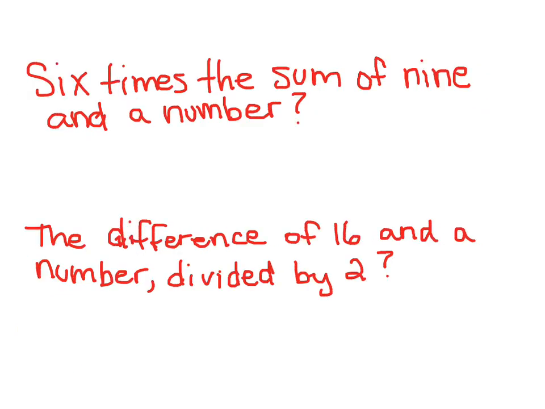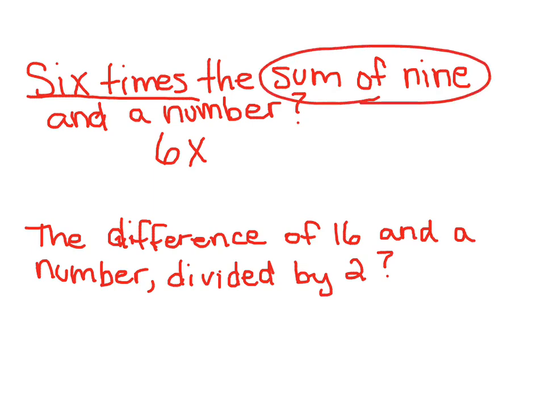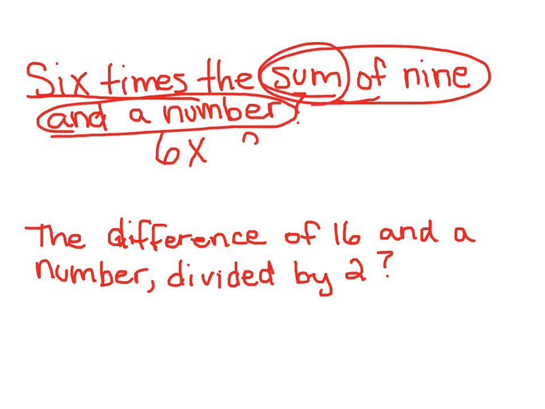Okay? 6 times the sum of 9 and a number. 6 times, and then it says the sum of 9 and a number. Sum, meaning add, so 9 plus a number. So 6 times 9 plus a number.